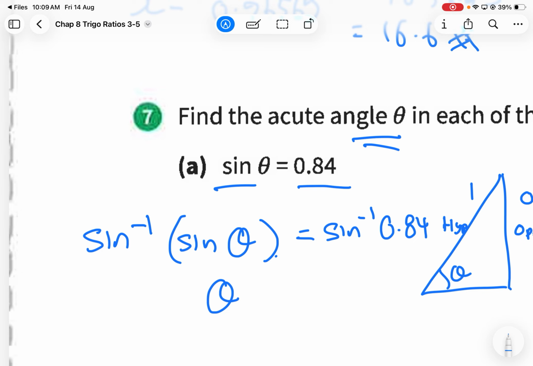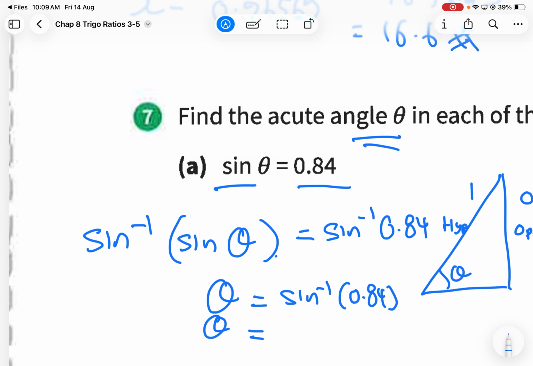From having sine theta, it becomes theta, the angle. At first it is not an angle, now it is an angle. And what is the angle? This one, I can press the calculator. When the ratio is 0.84, I press sine inverse followed by 0.84. Then the calculator will tell me what the angle is.